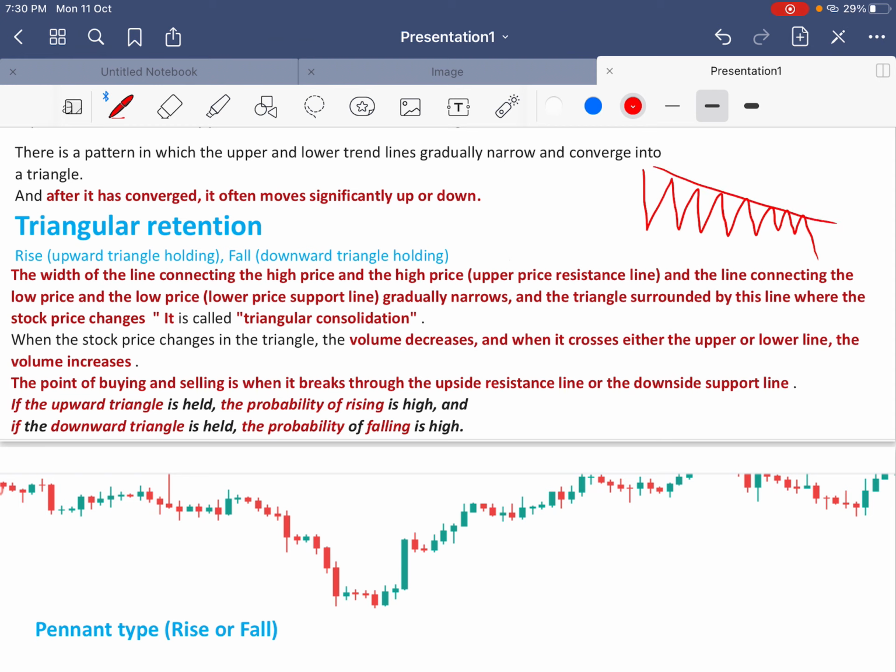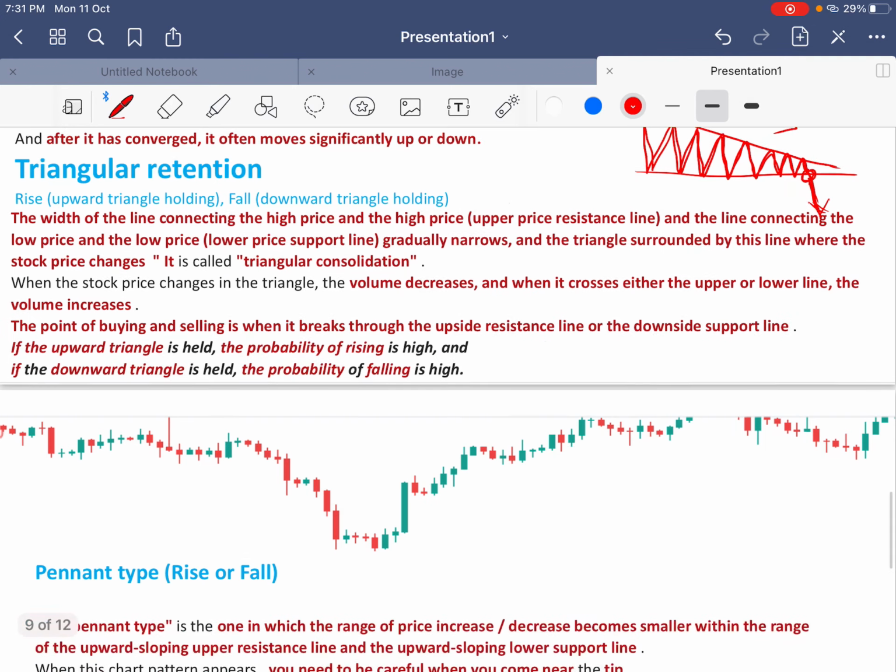If we roughly draw a triangle like this, and the trade is trading in a bearish or downward trend and it is forming a triangle like this, there is a possibility that the bearish trend might continue, and after the breakout of this triangle it might fall further to a lower level. So these are two triangular section patterns, and you have to identify those patterns in the upper side, or you can say in a bullish trend or in a bearish trend also.